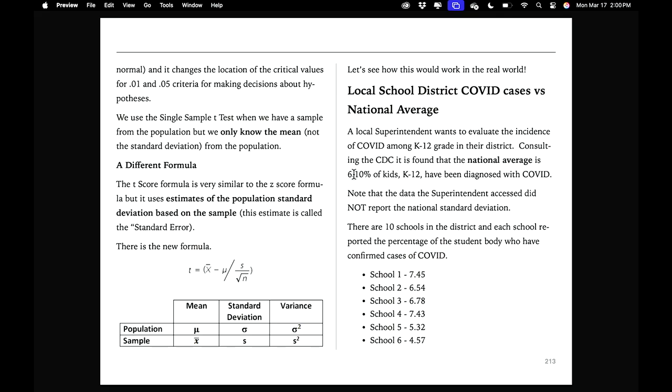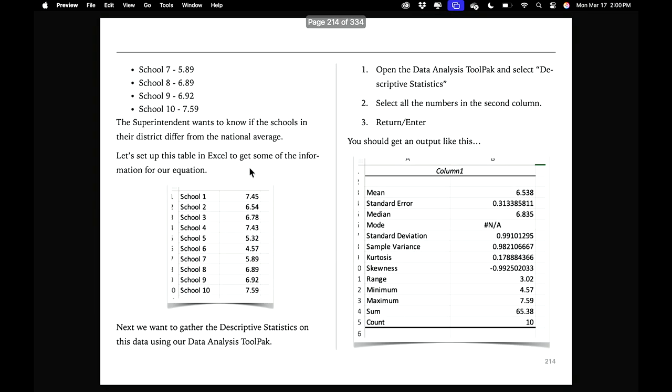How is my school doing in terms of the number of cases? I'm the superintendent. So I introduced the data: school 1, 2, 3, 4, 5, 6, 7, 8, 9, 10, and there's my data right there. That is the percentage of students in each one of those schools that has COVID.